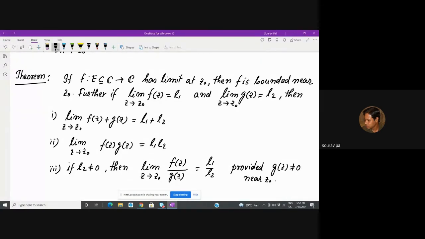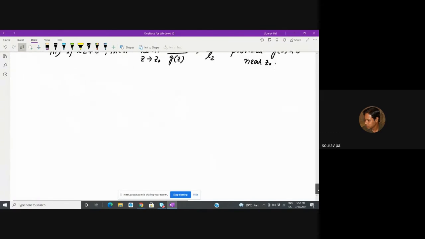Otherwise, you will have trouble writing f(z) by g(z). We all know these properties, and we have already defined continuity. But how to define continuity in terms of a sequence or a limit of a sequence?